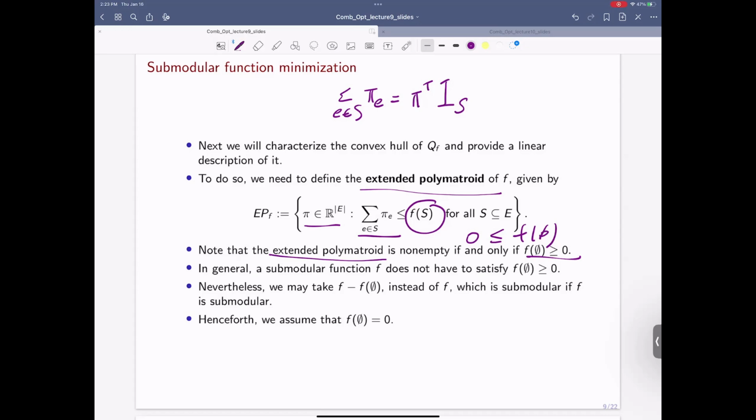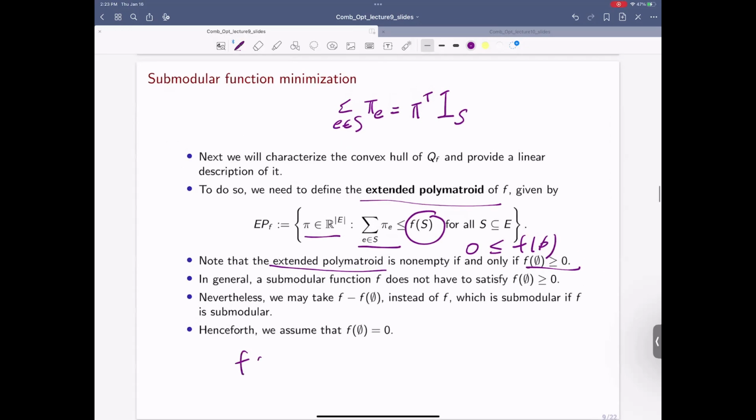Because if you remember the definition of submodularity, f of A plus f of B is at least f of A union B plus f of A intersect B. If your function satisfies this inequality, then subtracting a constant from all values also preserves submodularity. So you can see that f minus f of the empty set is also a submodular function.